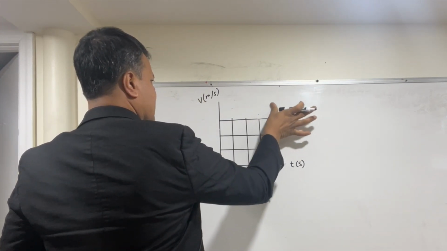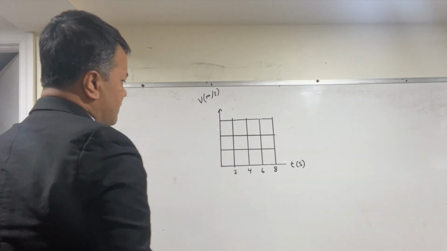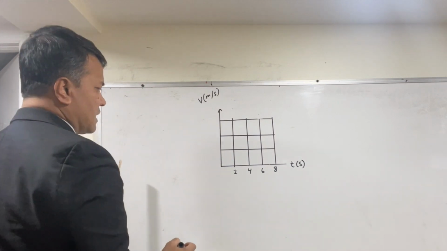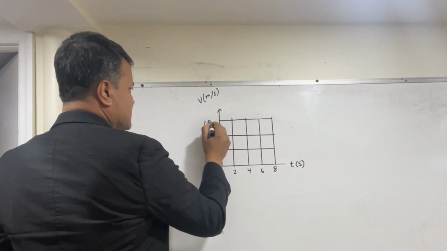This is my x and y coordinate, and let's say the minimum velocity is 0 and the maximum velocity is 15.